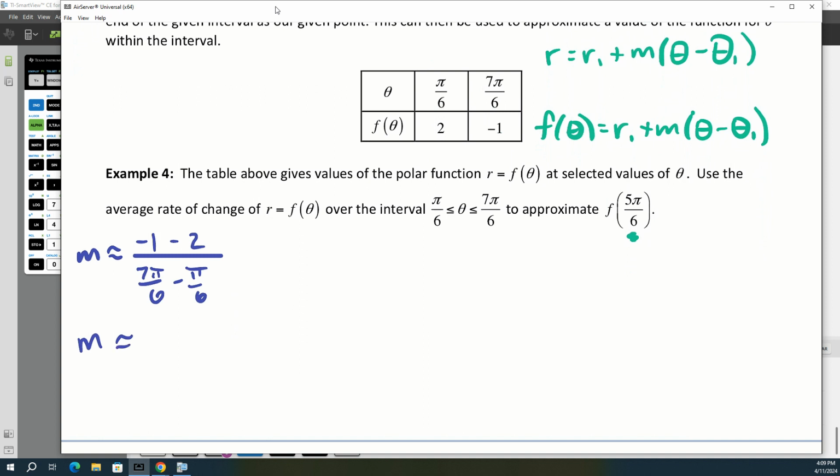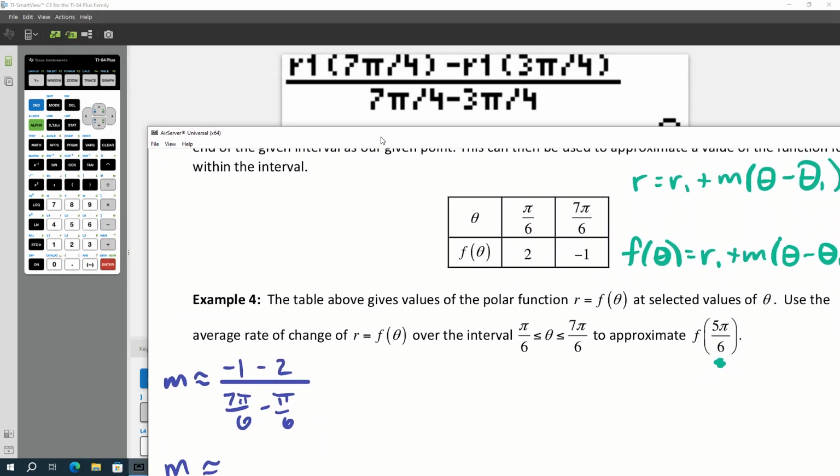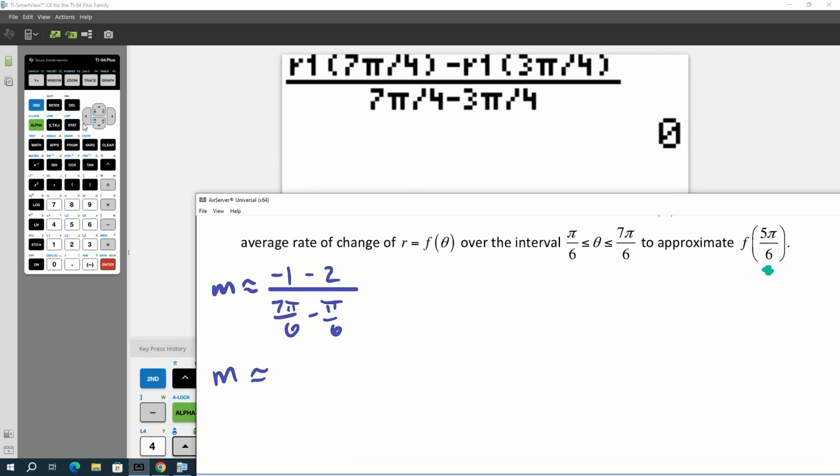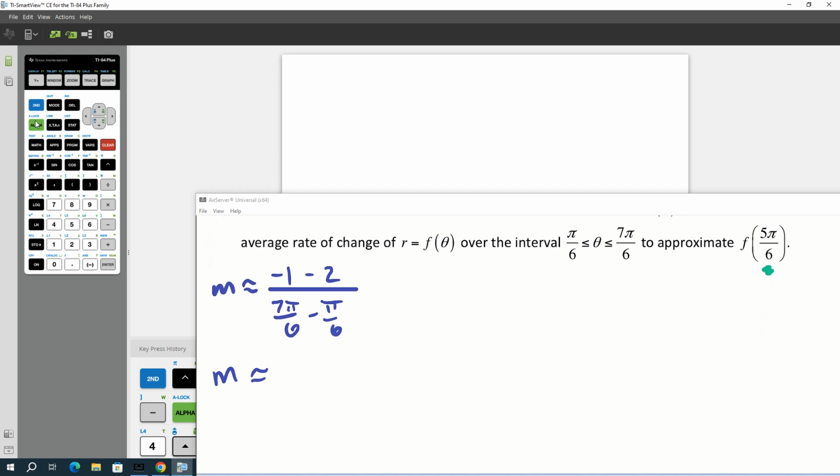Okay, so I am just going to let my calculator do this math. Again, I cannot promise you that you won't have to do this by hand, but I have complete faith in you that you can do this by hand. Oops, got two minuses going on.